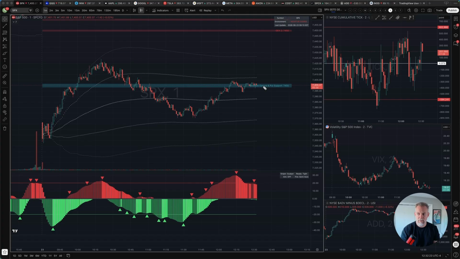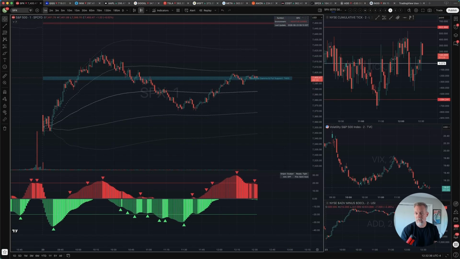But that absolute gamma level is going to act in most cases as a magnet for price. The reason for that is because market makers are hedging their positions to stay delta neutral, and they use gamma exposure.